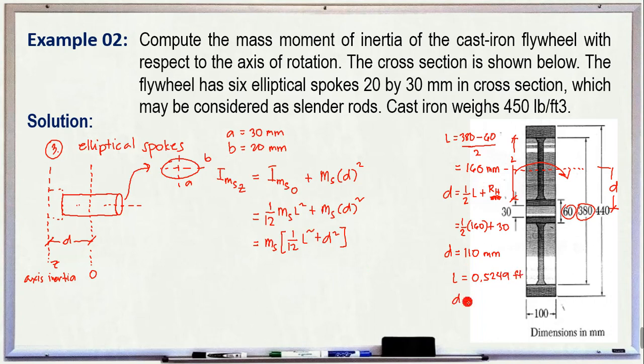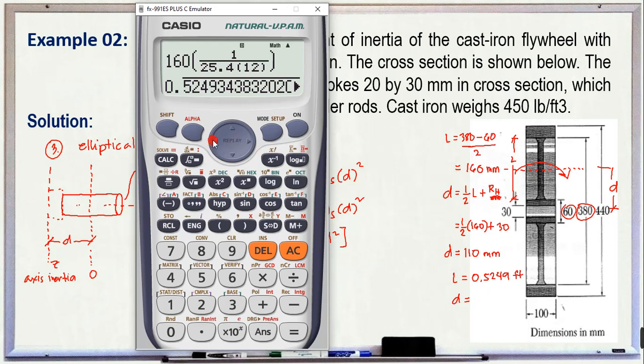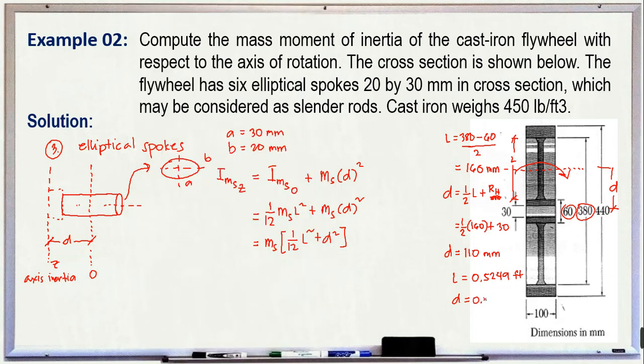For the distance, we convert 110, so the distance is 0.361 foot.